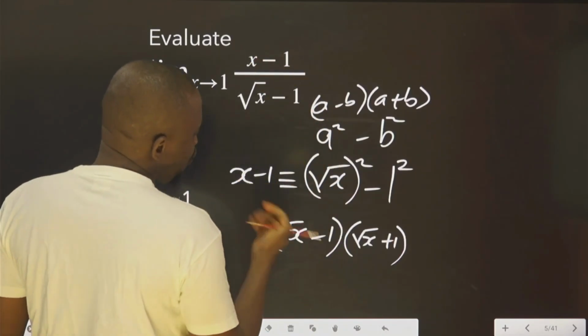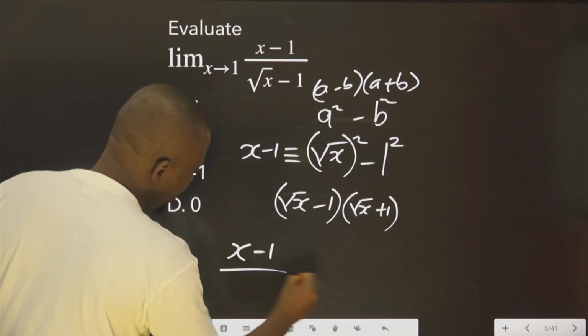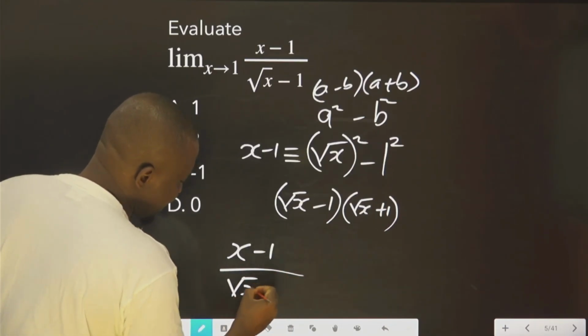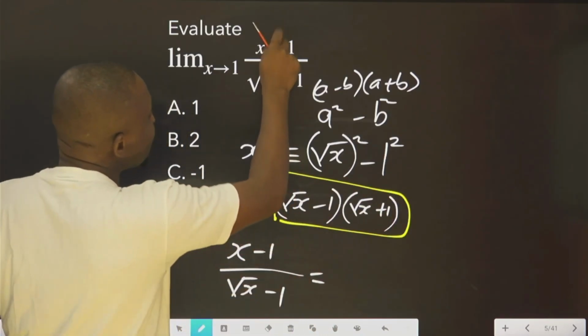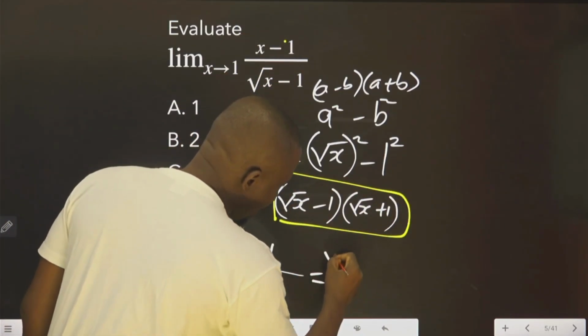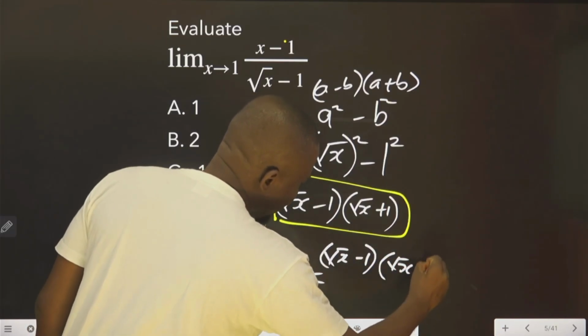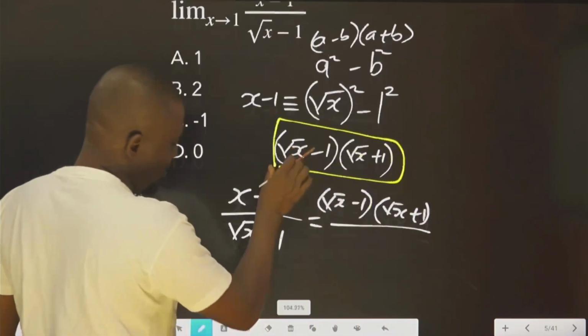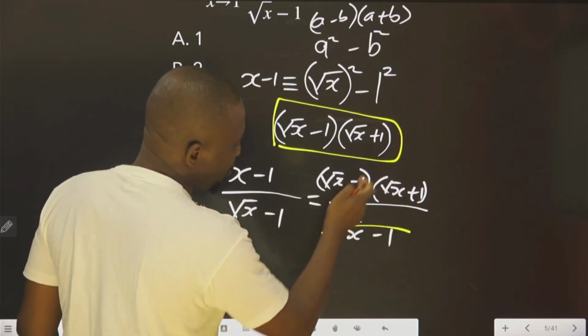So now, in this format, we can move this now and put it here. That is to say, we can now say this one, x minus 1 over square root of s minus 1 is equals to, this is now replacing this numerator. That is square root of s minus 1 square root of s plus 1 all over this square root of x minus 1. You can use this one to cancel this.